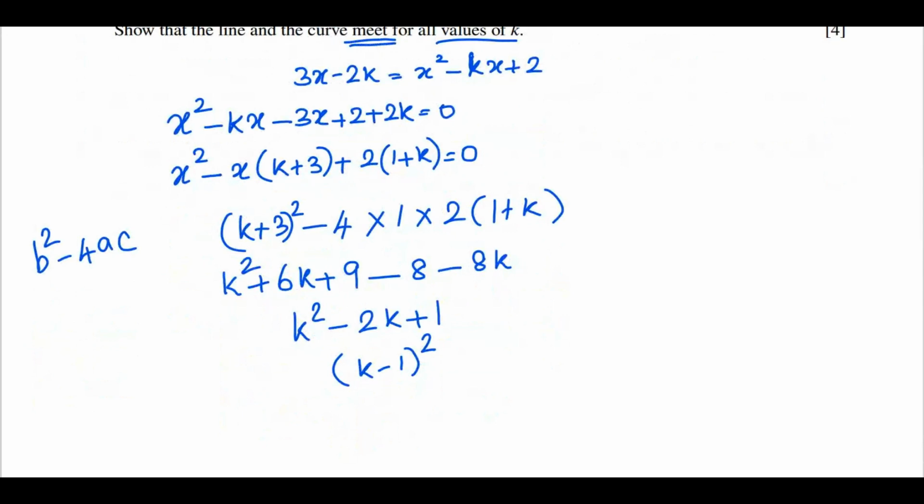That is b square minus 4ac is greater than 0, or it can be equal to 0 also. When k is 1, in that case you will get this equal to 0. So k minus 1 the whole square is greater than or equal to 0 for all the values of k.